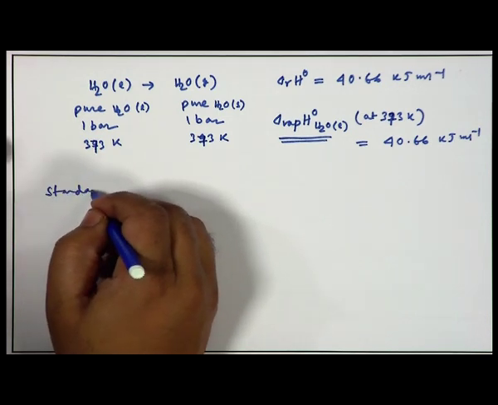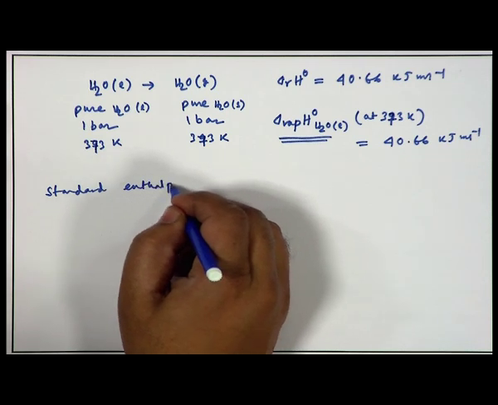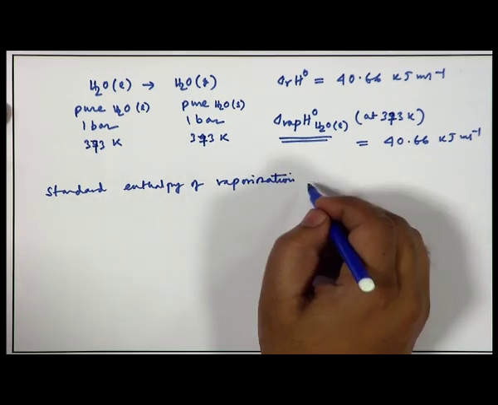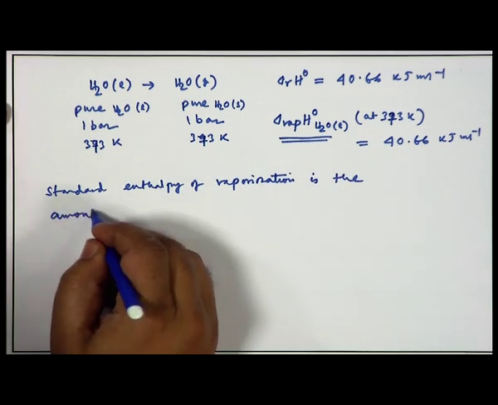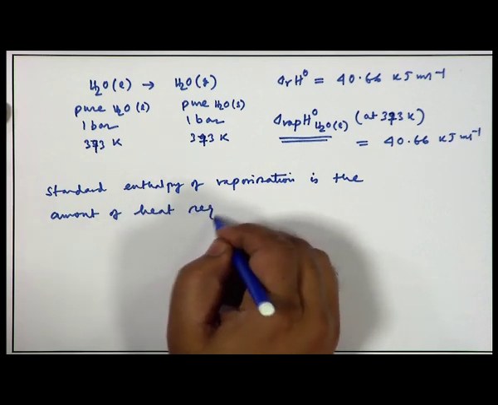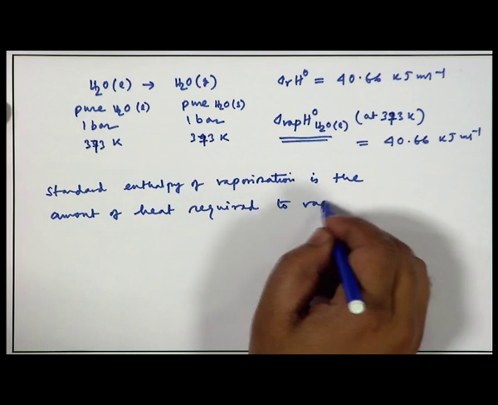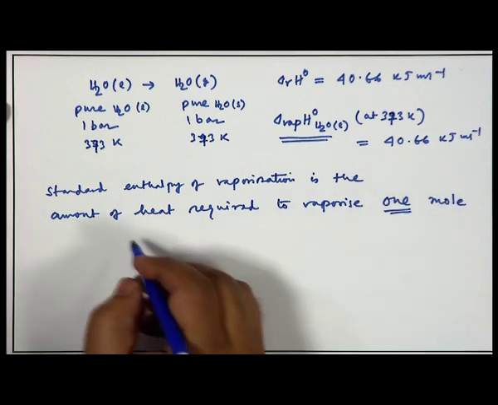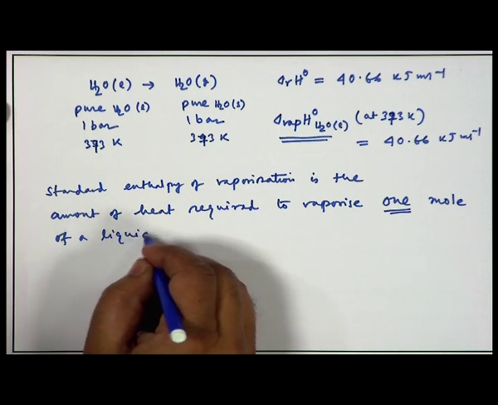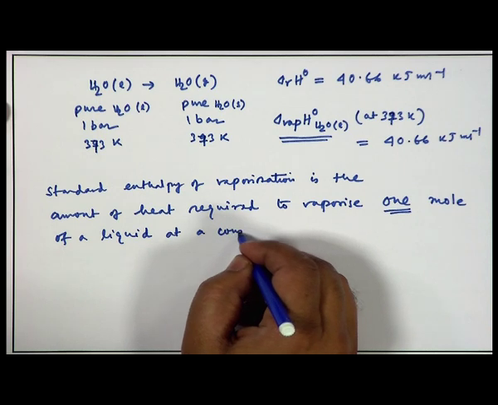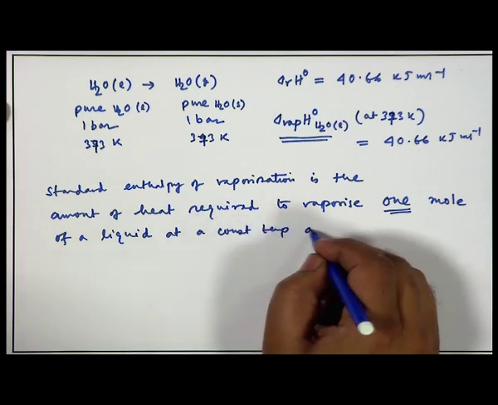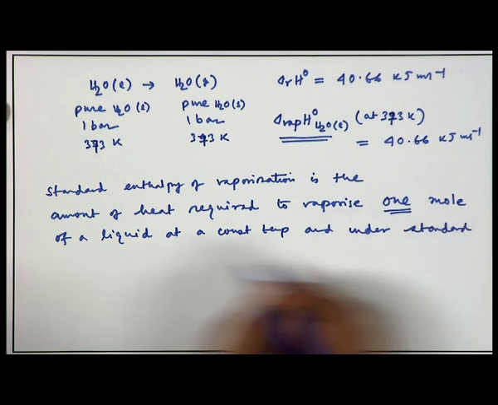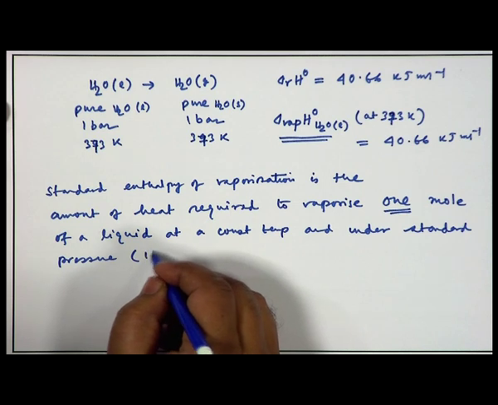So, we can define standard enthalpy of vaporization is the amount of heat required to vaporize 1 mole, again this is 1 mole, of a liquid at a constant temperature and under standard pressure, which is 1 bar.